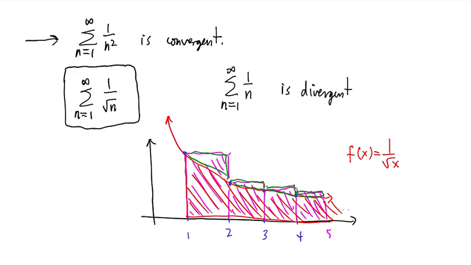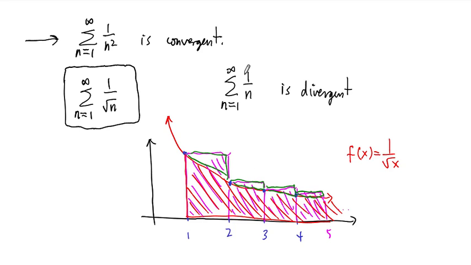And so that meant that the series converged. Now in this example, we drew our rectangles so that they were larger than the curve. They're always outside of the curve, so the series is larger than the integral, and the integral diverged, and therefore the series diverged.